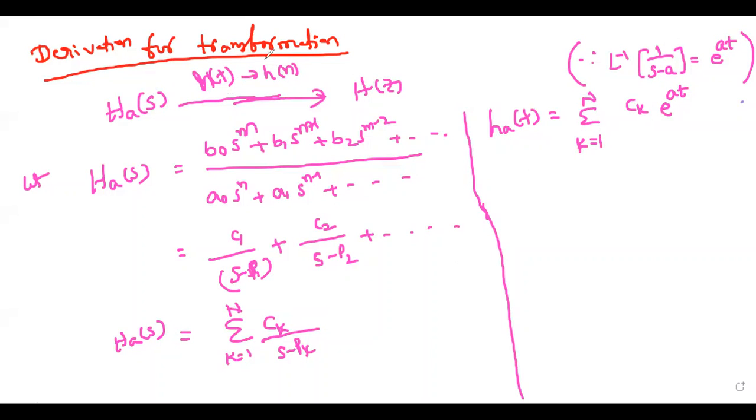Then we need to convert into h(n). How to do it? How to do h(t) into h(n)? How to convert? Priyanka, how can I get h(n) from this?